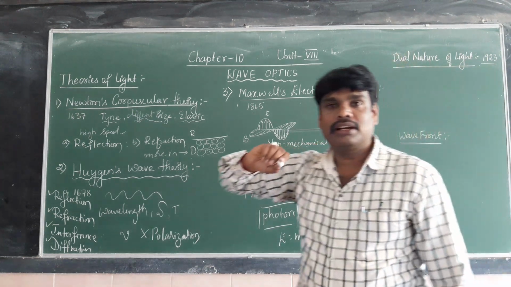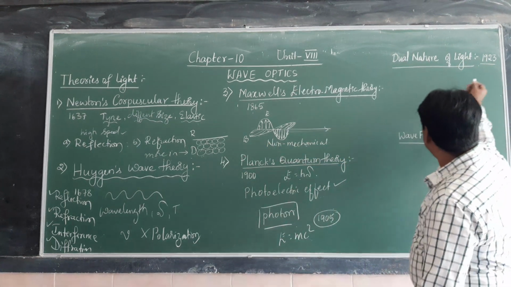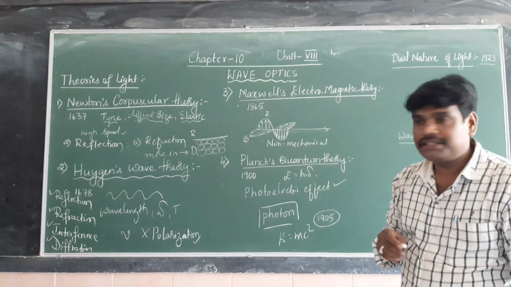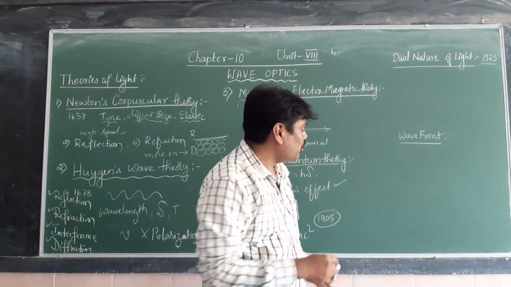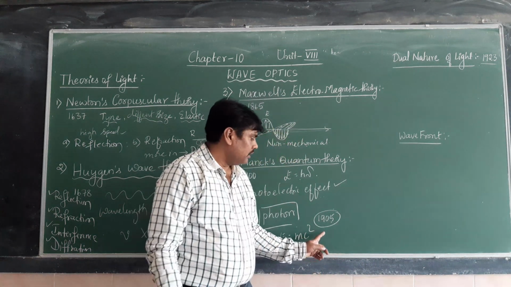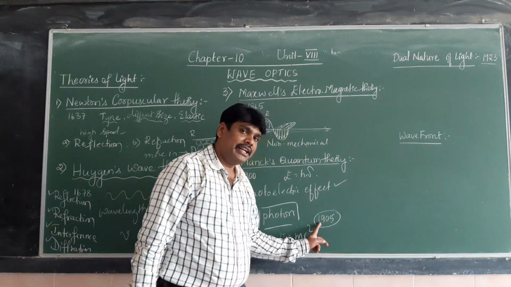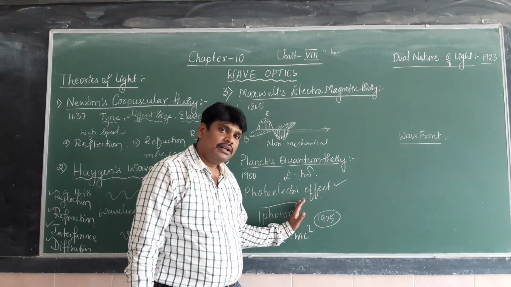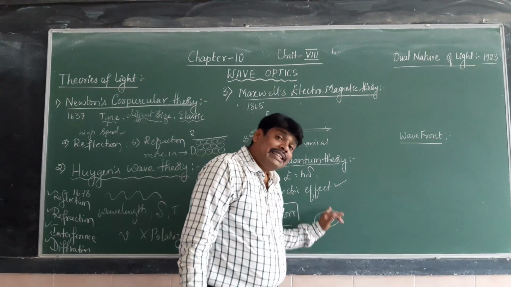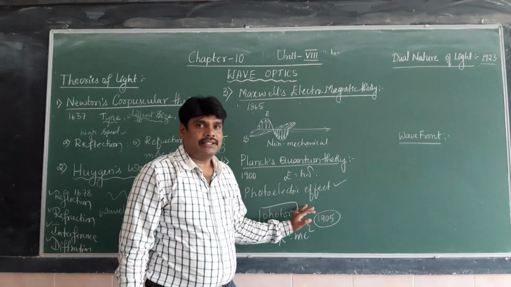Finally, in 1923, around 13 to 14 years afterwards, Einstein got the Nobel Prize. He had successfully explained it in 1905, but at that time people did not accept this theory, because it was a theory with no experimental evidence.